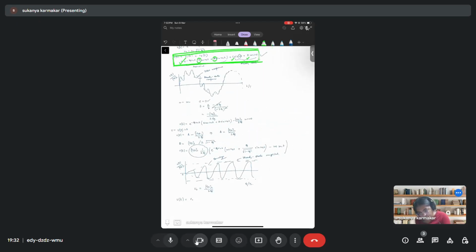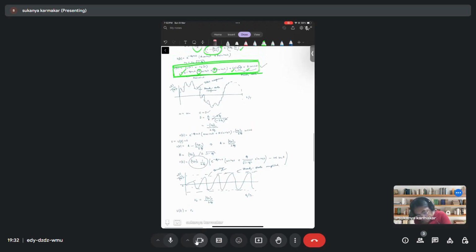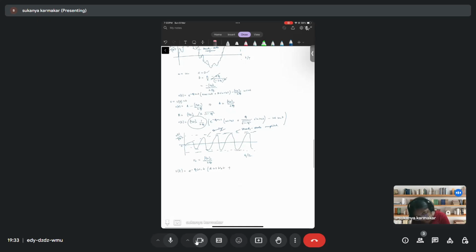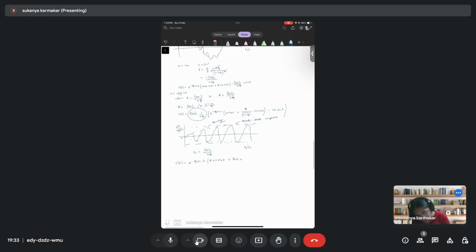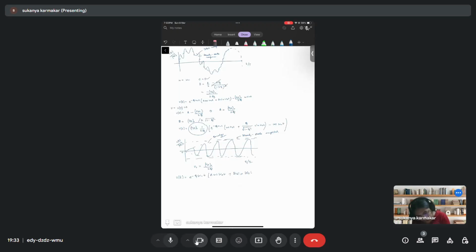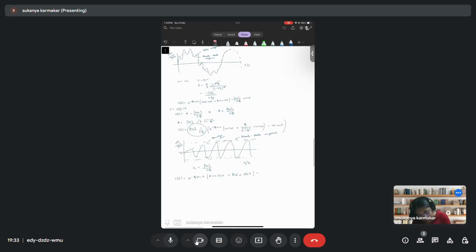What did you have? u of t was equal to e to the power minus zeta omega nt, a cos of omega dt plus b sine of omega dt, plus c sine of omega t plus d cos of omega t.